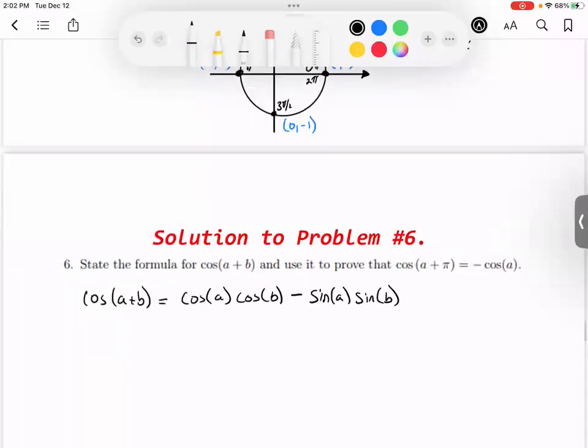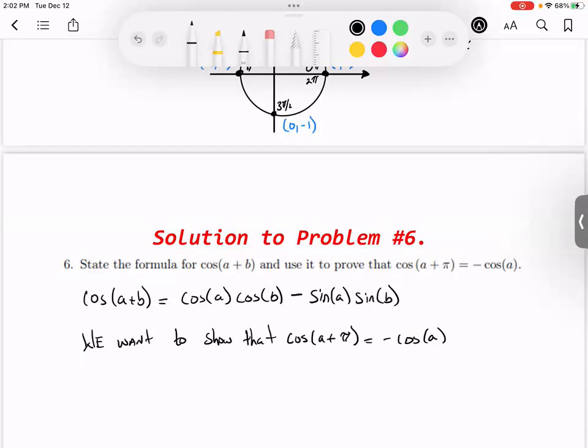Now, we want to show that cosine of A plus pi is equal to negative cosine of A. Essentially, what I'm going to do is expand this left-hand side of the equation.